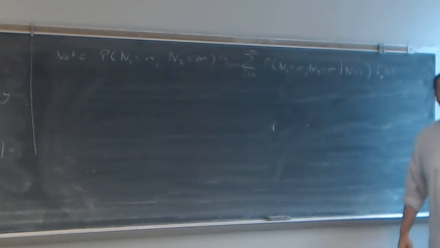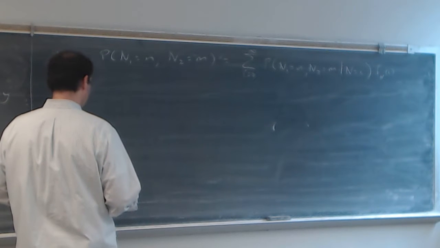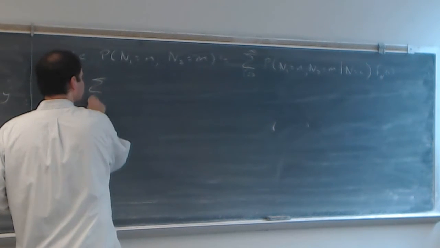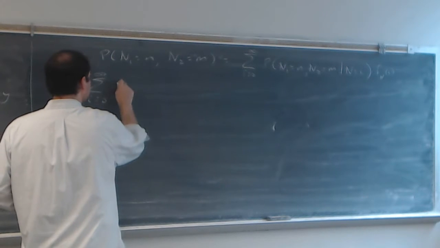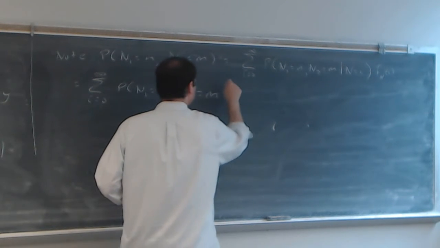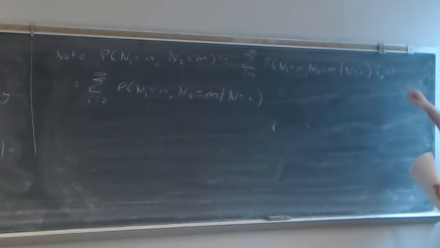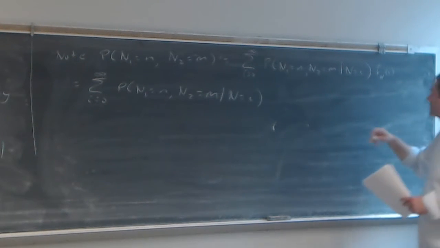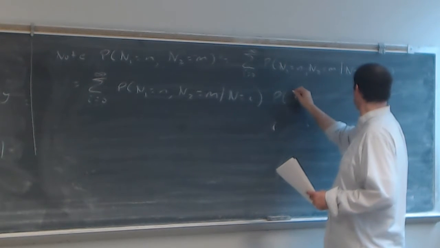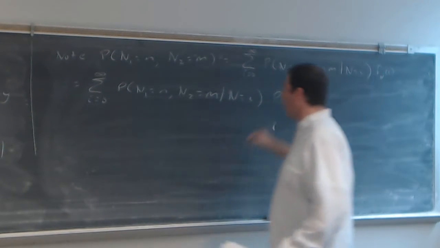By our formula, that's what we have. So I'm going to rewrite that as the sum, i going from 0 to infinity, of the probability that N sub 1 equals n, N sub 2 equals m, given N equals i, times f sub N of i, which is nothing more than the probability that N equals i. Make that substitution.